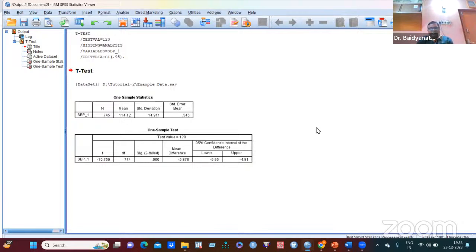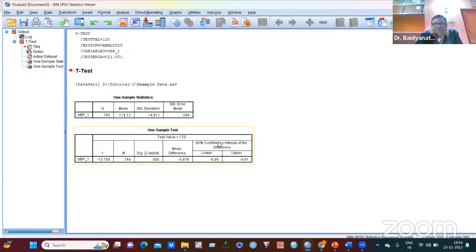So when you have a reference value and you want to compare it with your observed mean, then you use the one sample t-test. And there is the 95% confidence interval of the differences. That means this minus this, the difference is there.